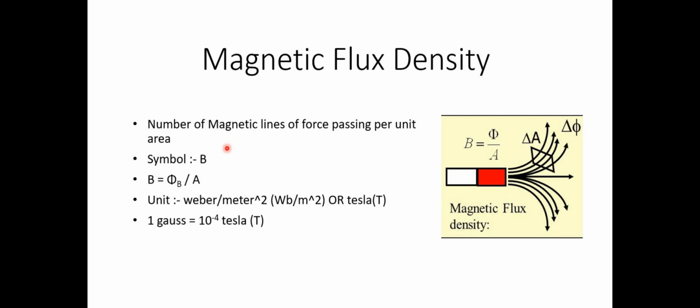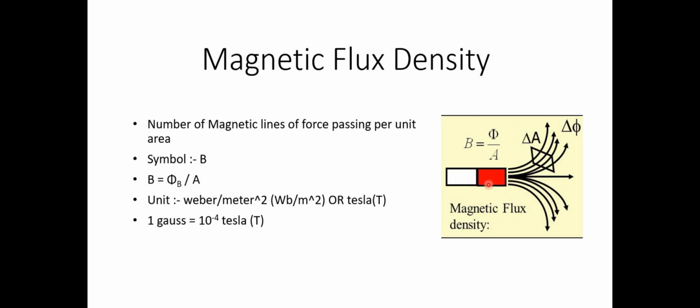That is the difference between the magnetic flux and the magnetic flux density. So magnetic flux density B is equal to total magnetic flux lines divided by the area we considered. So total magnetic flux lines is nothing but phi, that is magnetic flux, divided by the area considered, A. So phi by A.